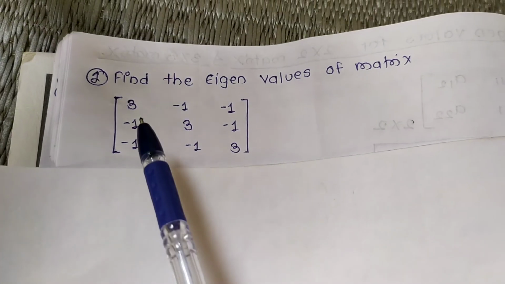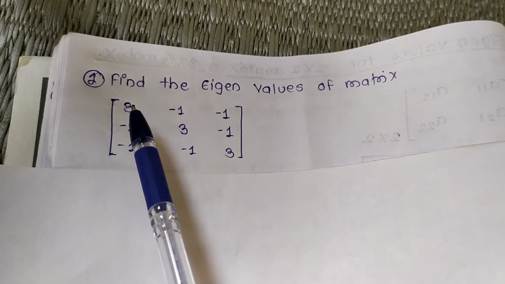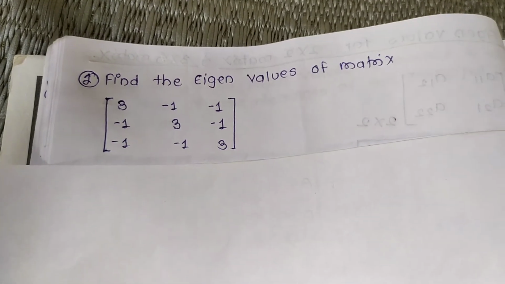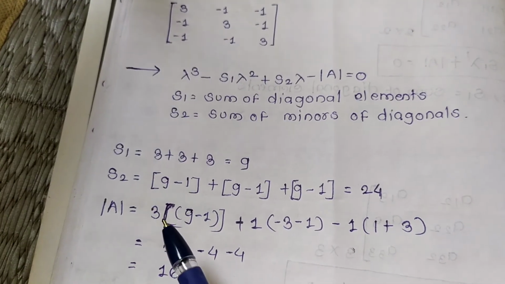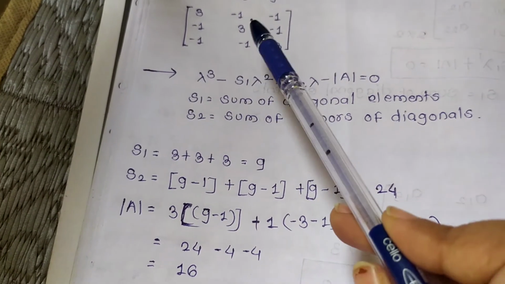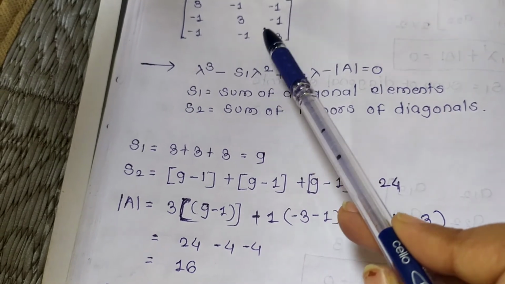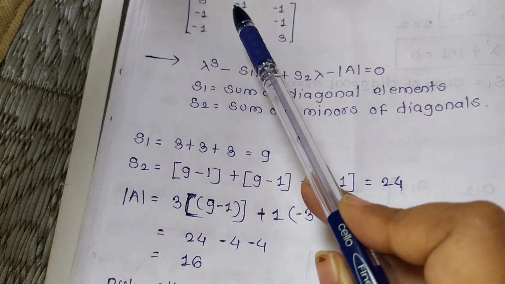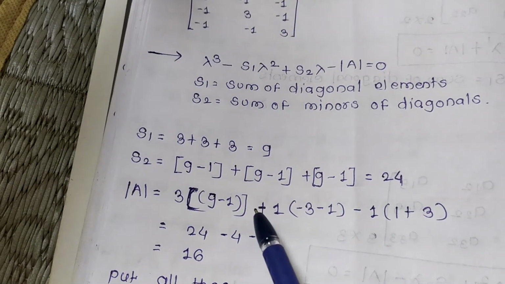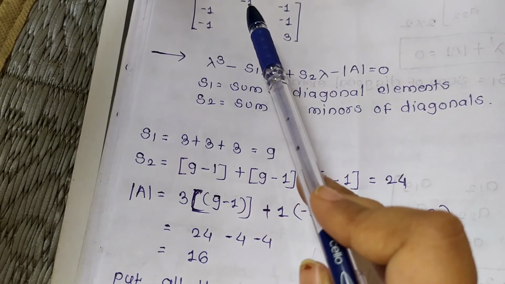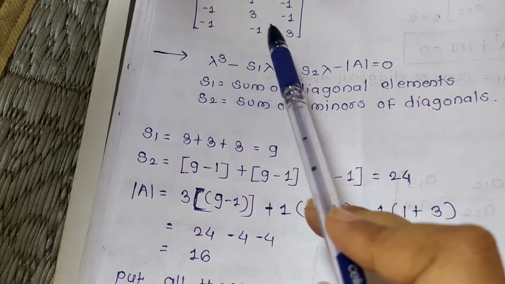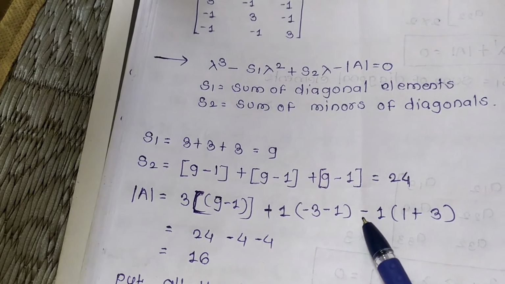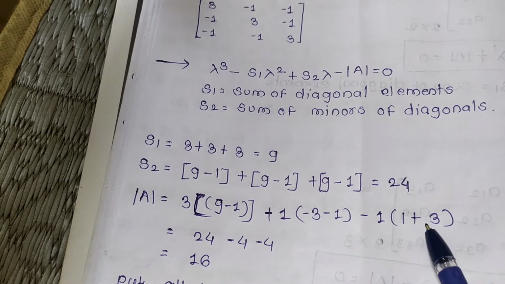Again we know how to find the determinant of a given matrix. 3 into 9, this product becomes 1 minus 1. We have a minus sign, but here minus 1, hence minus 1 into minus 3 minus 1, again minus 1 into 1 plus 3.